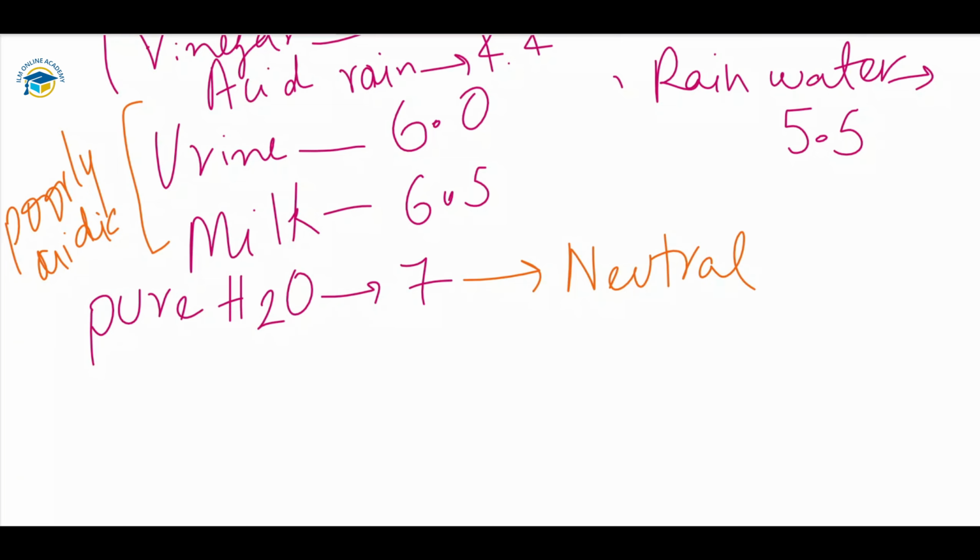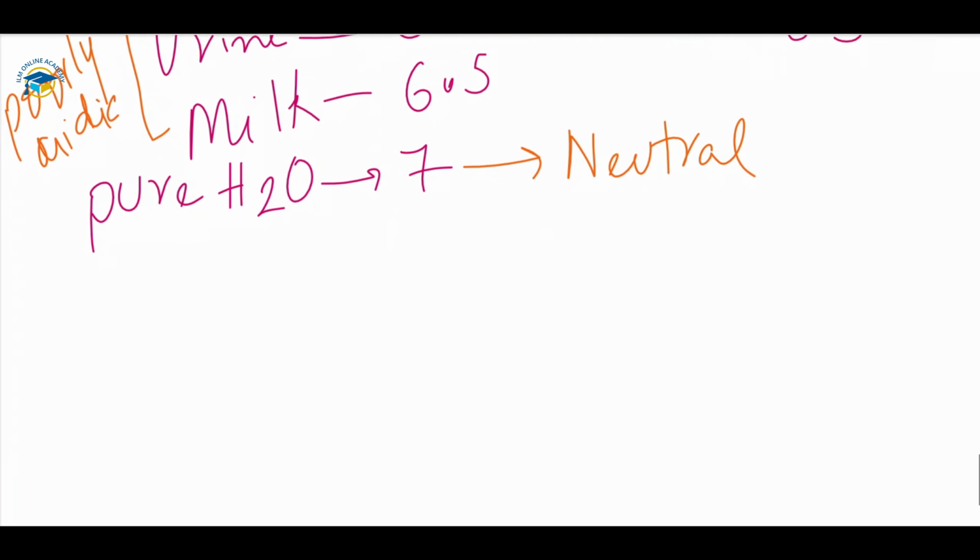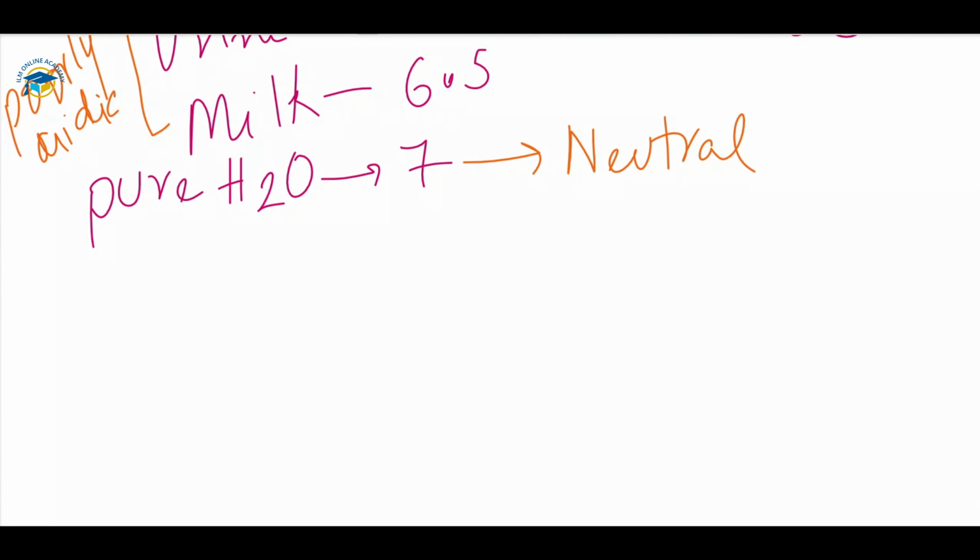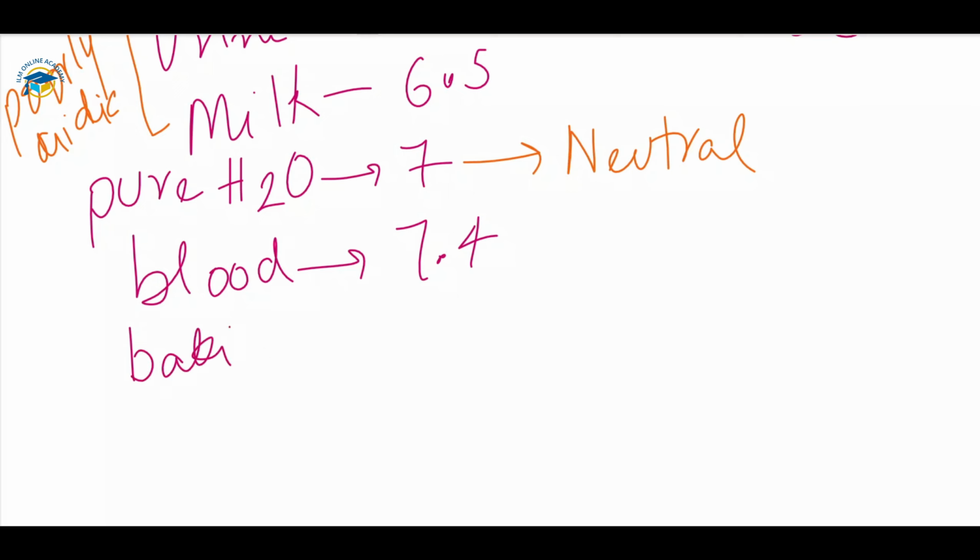And next we'll move towards the bases. Now we have blood, which is poorly alkaline and it has a pH of 7.4. Then we have baking soda, which has a pH of 8.5.